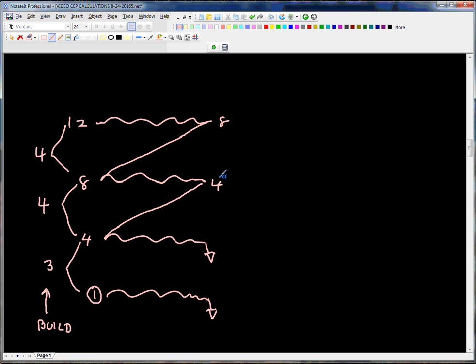Over here, 8 minus 4, let's call these 0. 8 minus 4, 4. 4 minus 0 is 4. 0 minus 0 is 0. And remember, we call these A and this B. That's what these numbers are. They're all important numbers.